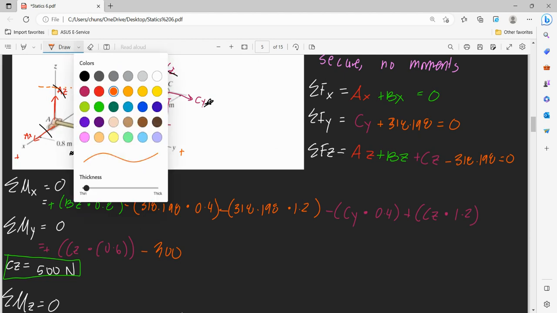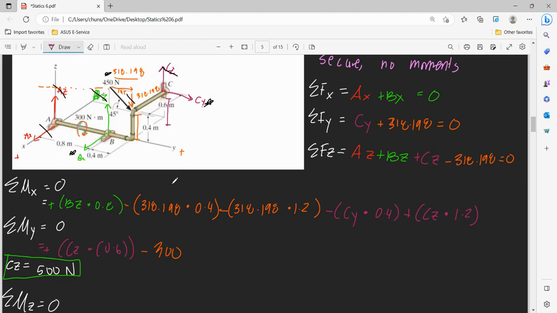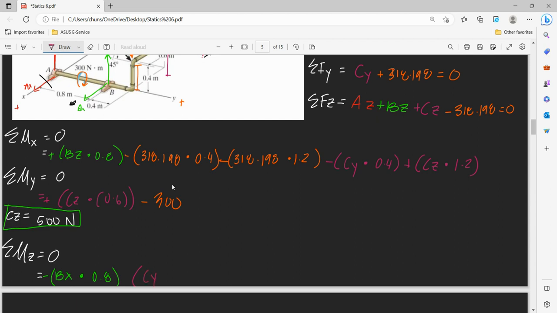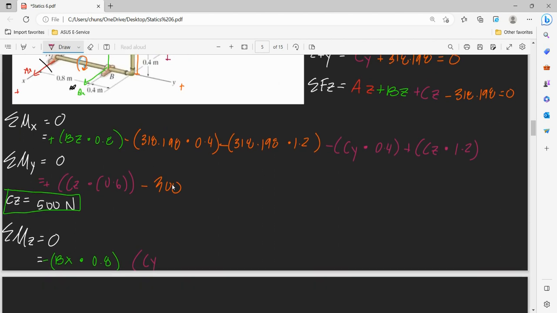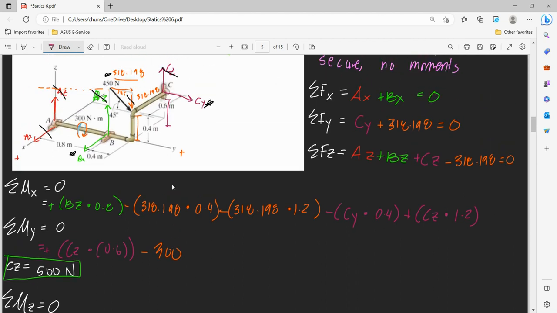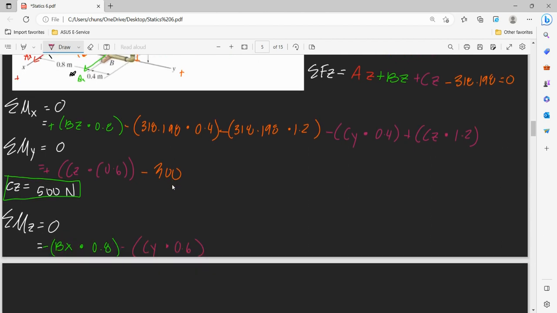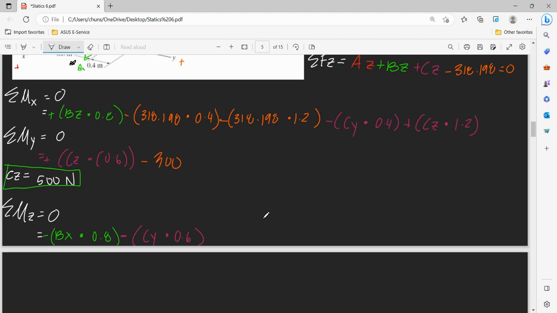Okay, so that just leaves cy, so that is good for us because it reduces our unknowns. So this is cy. With y, we want our x distance, so this is 0.6 to our y-axis. And if we point our fingers along, we see that our thumb points down when we wrap around our z-axis, so this is negative.